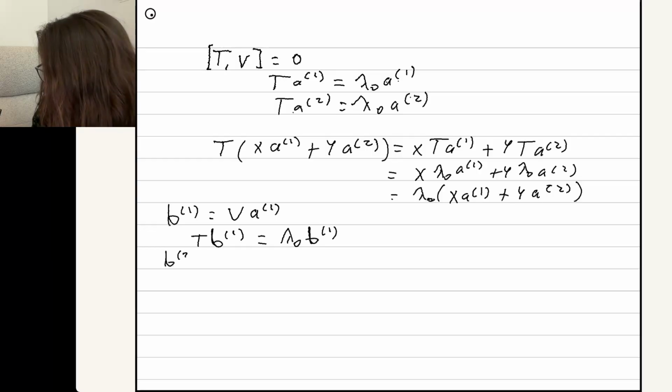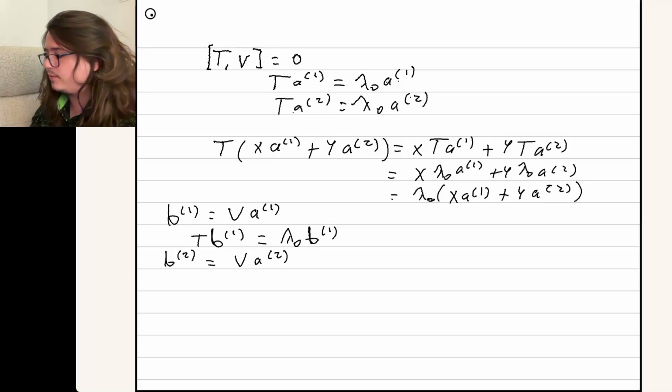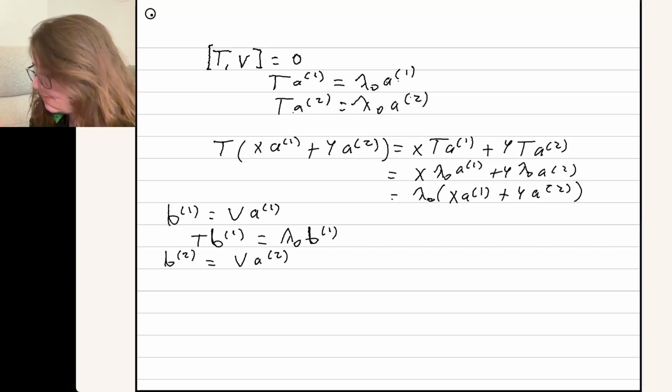Same thing for B2, VA2. But also, from the fact that any linear combination of A1 and A2 will form this vector B, it will also be an eigenvector with eigenvalue lambda naught.